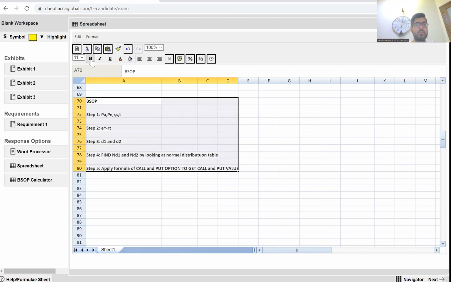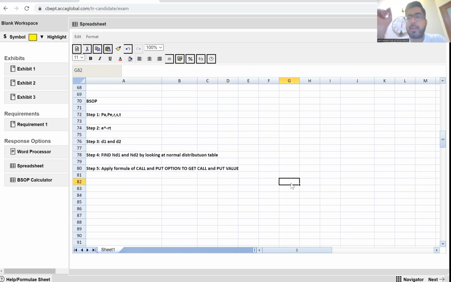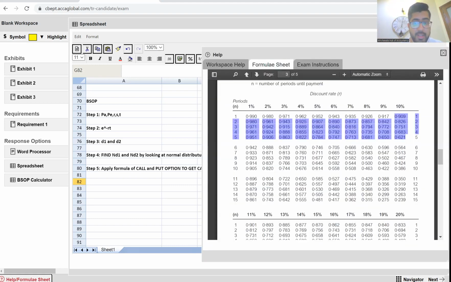And this is how we used to solve a BSOP question. In step 1, write PA, PE, R, S, T. Then in step 2, e to the power minus RT. Then step 3, D1, D2. Then step 4, find N(D1), N(D2) by looking at the normal distribution table. Remember 0.5 minus from the value, and then apply the formula of call and put to get C and P value. And they were scary formulas, right?